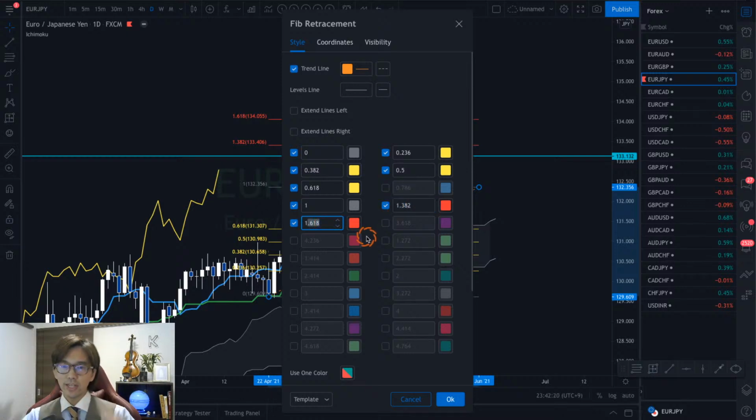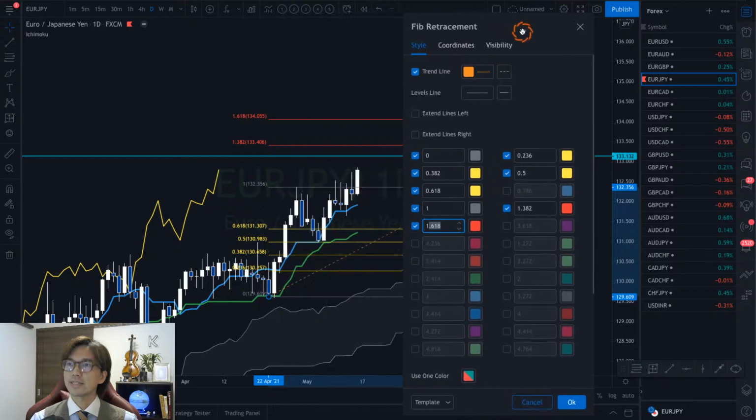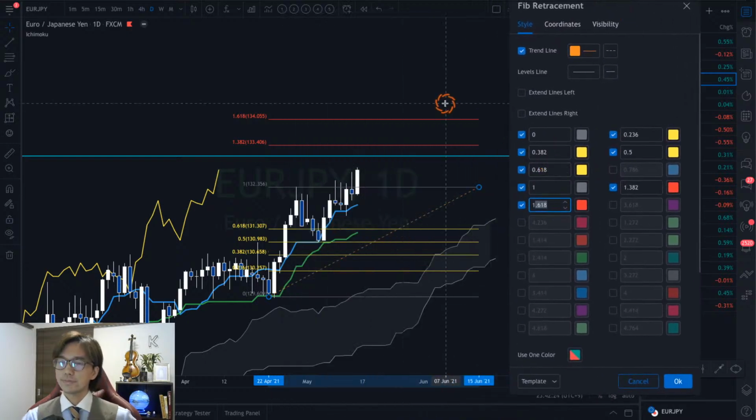You input them manually and you have these lines. So in this Fibonacci retracement tool, you can add as many lines as possible. You can randomly but reasonably add more levels on this Fibonacci retracement tool, and that's why I use this one.